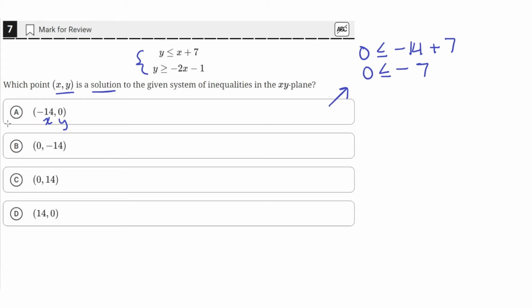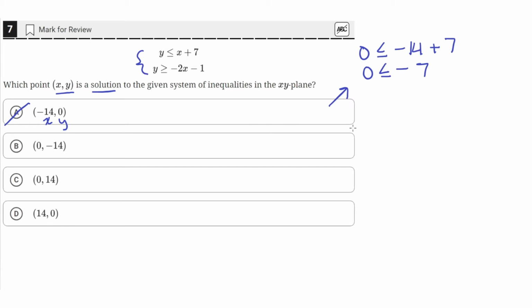So we can immediately rule out answer choice A, because the point negative 14, 0 does not satisfy the first equation. After plugging in negative 14, 0 into the first equation, we get an incorrect final inequality.